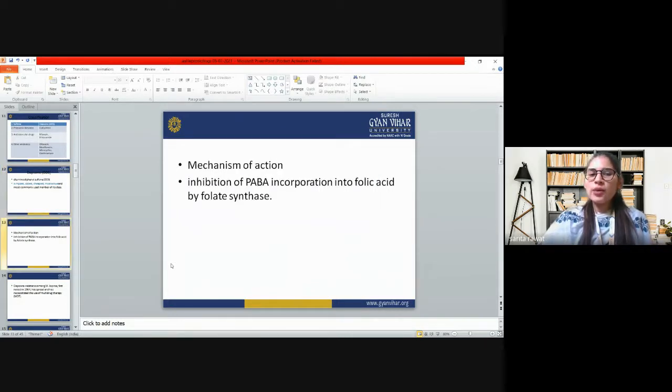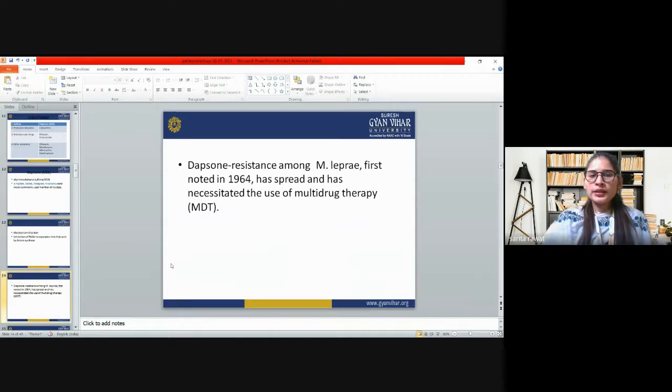Now, the mechanism of action of dapsone is inhibition of PABA incorporation into folic acid, that is, inhibition of folate synthesis. Now, dapsone resistance among M. leprae was first noted in 1964, and it has spread and necessitated the use of multi-drug therapy, MDT.